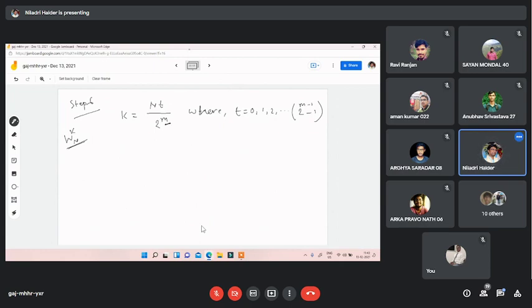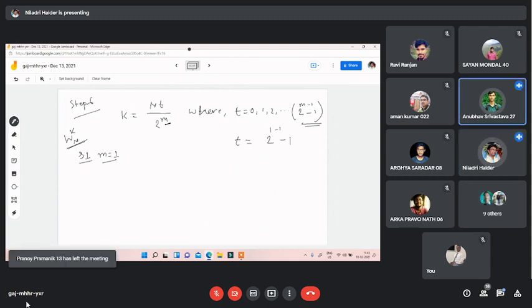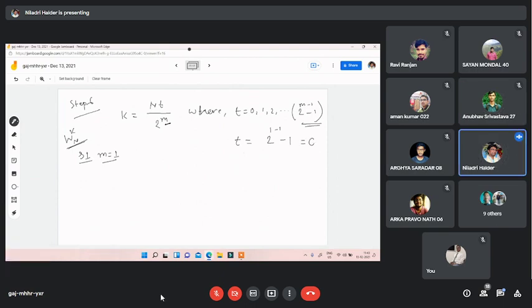All of you know. So for stage 1, small m value is 1. For this case, this is the last value of t. So last value of t will be 2 to the power 1 minus 1 minus 1, so 0. Clear or not? Yes, sir.